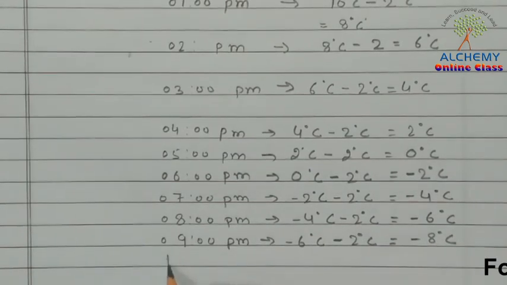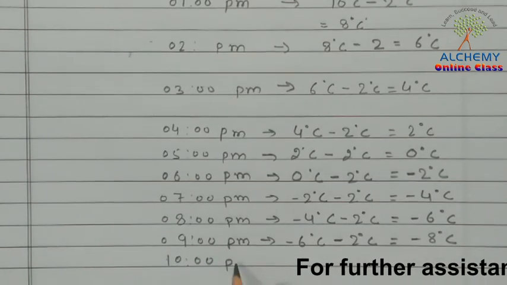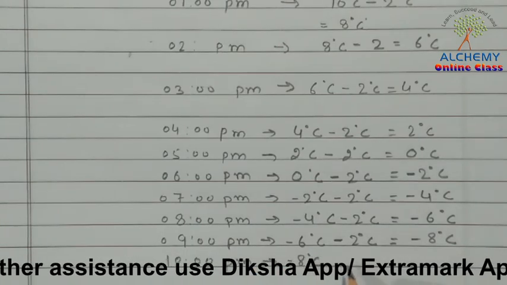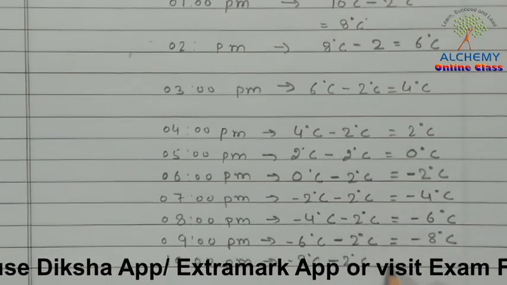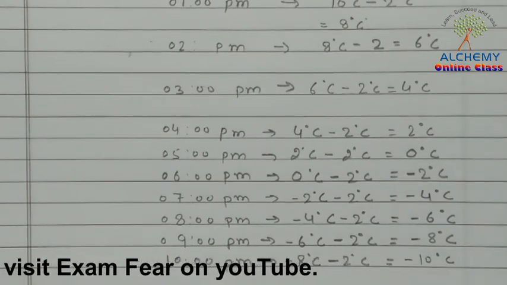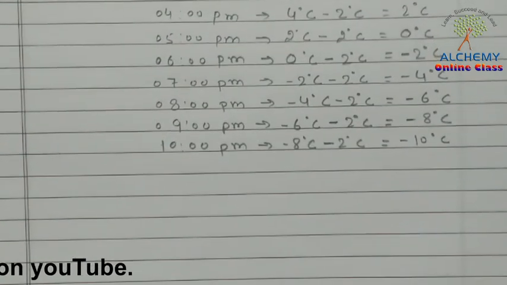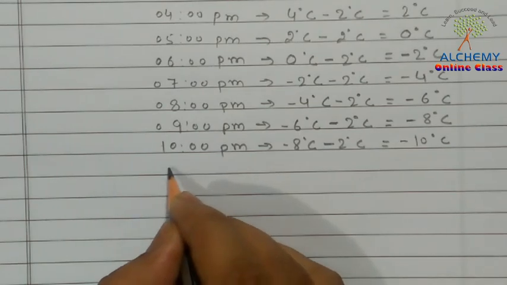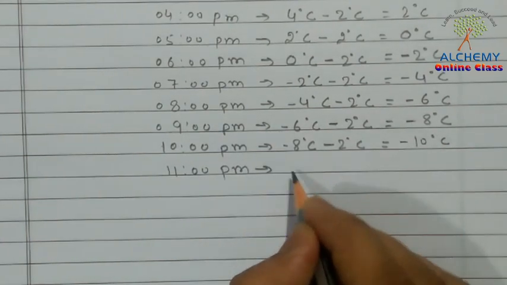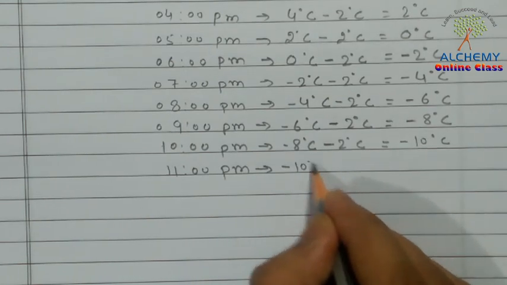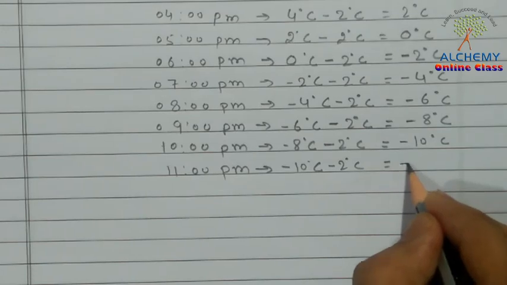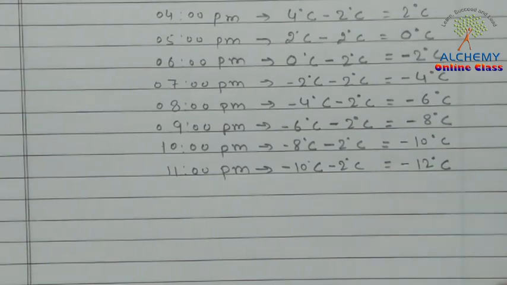At 10 p.m. the temperature will be minus 8 degrees Celsius, it decreases 2 degrees Celsius and the temperature will be minus 10 degrees Celsius. At 11 p.m. the temperature will be minus 10 degrees Celsius, decreases 2 degrees Celsius and becomes minus 12 degrees Celsius.